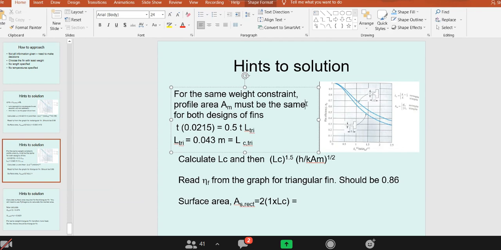So for the same weight constraint, can we not write this? That when we have a rectangular fin, this is t times 0.0215, which is the condition for... Is this becoming clear to you?